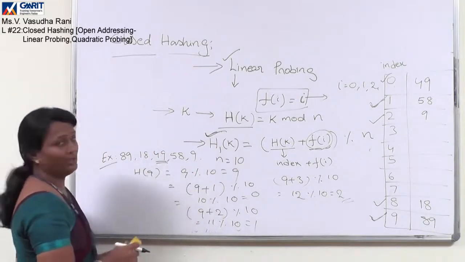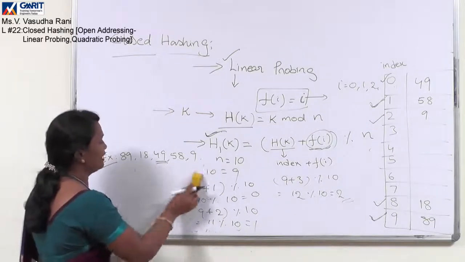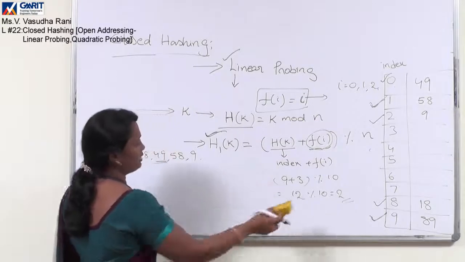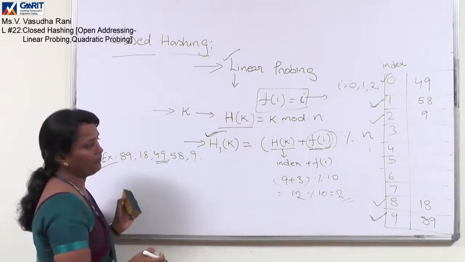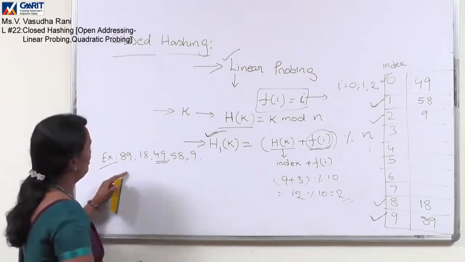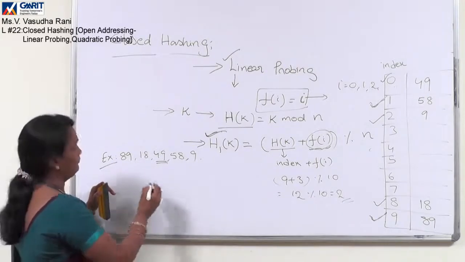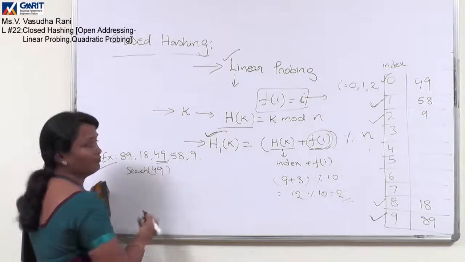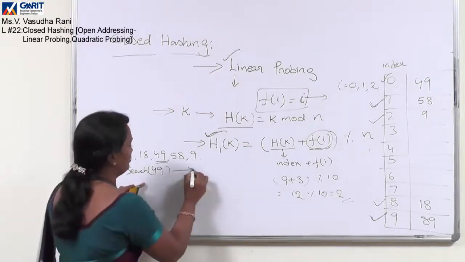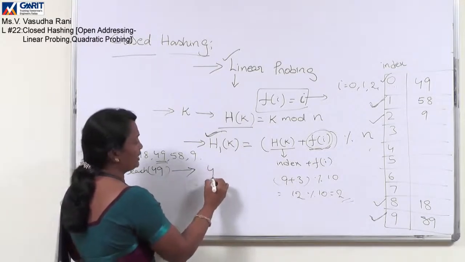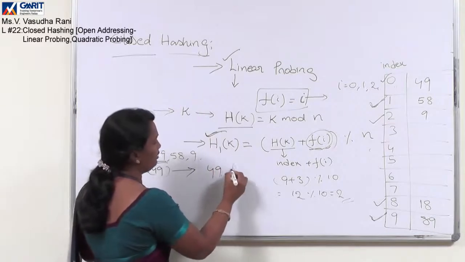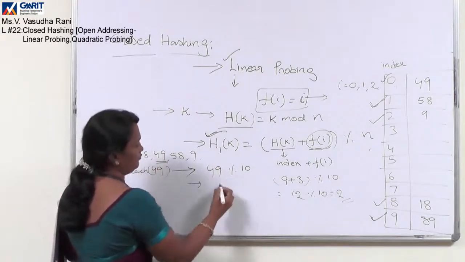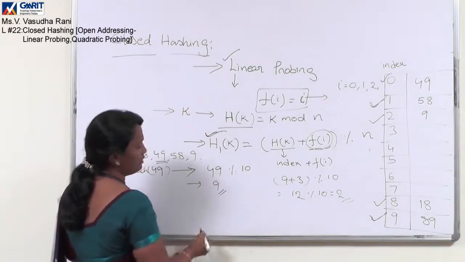For searching, if you try to search for a value, say 49, you have to find the index for 49 mod 10, which is giving us 9.